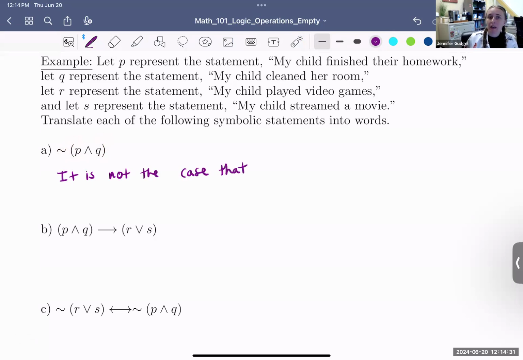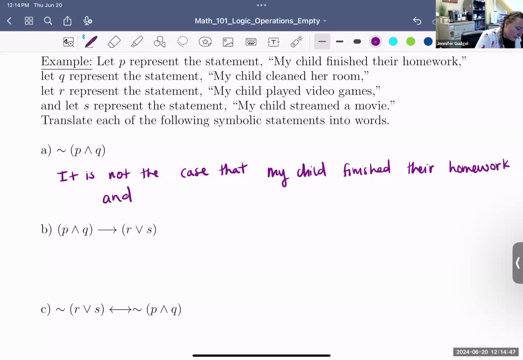Well, what was P? P was my child finished their homework. And Q was my child cleaned her room.